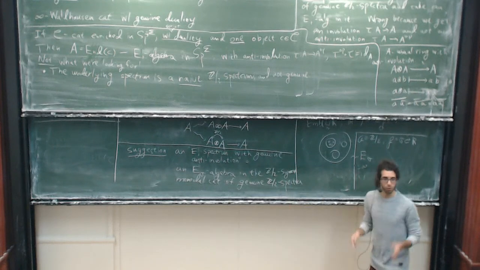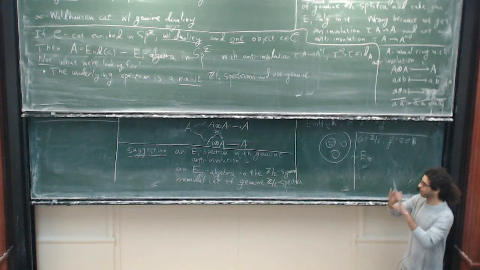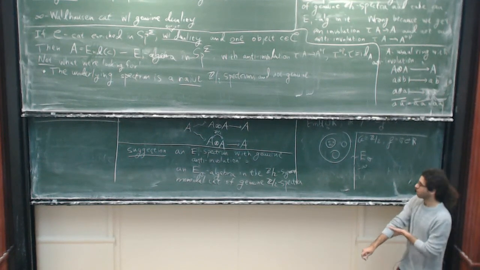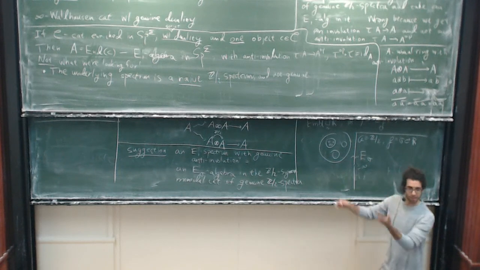Okay, so what do we want to do from here? And I will just say the big picture, and then I'll finish. So we want to actually check that everything here is defined.